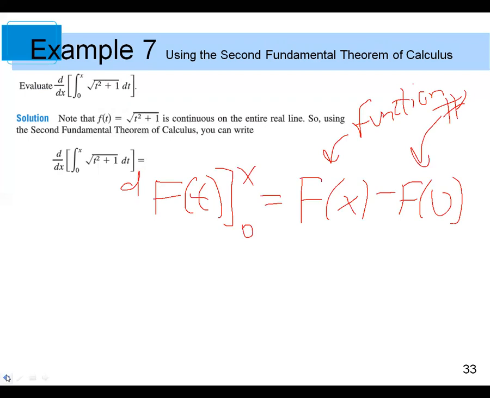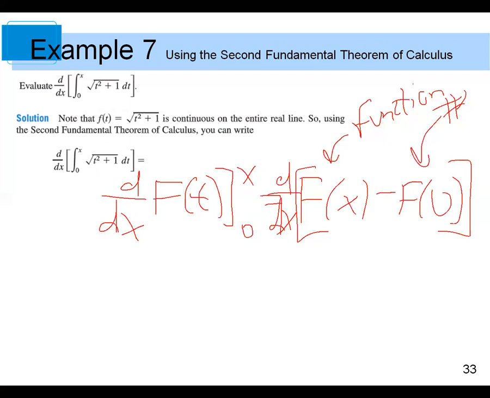Now if I took the derivative of that, remember I can't actually figure out what the actual function is for the antiderivative, so I'm just using the notation that represents the antiderivative as capital F of x. So if I then take the derivative of capital F of x, well, capital F of x represents the antiderivative of this function, except I plugged in x for t.